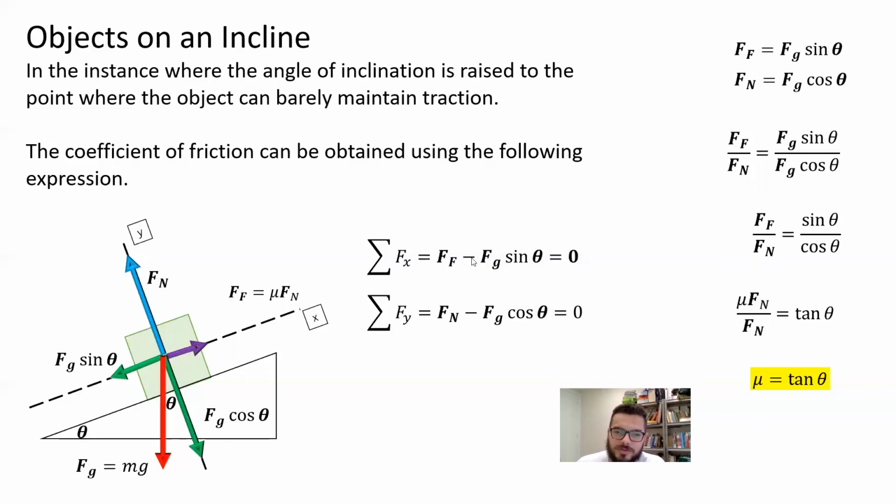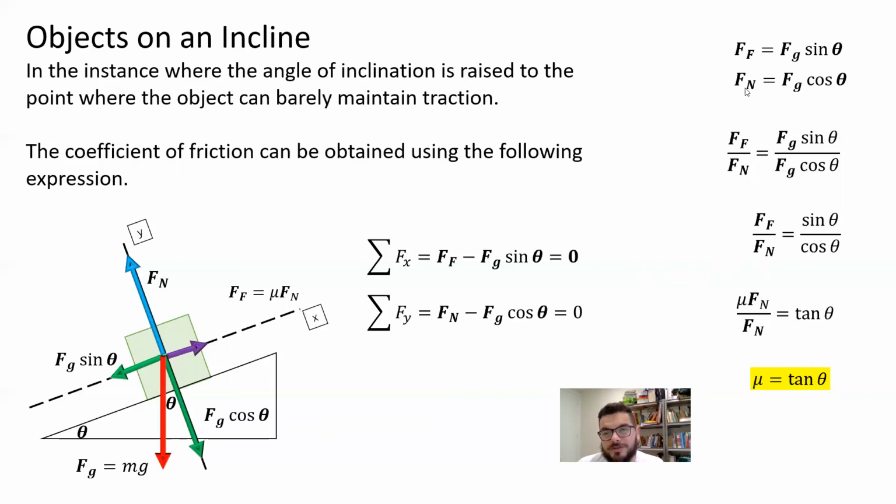Because the forces are equal, the frictional force along the x-axis has to be equal to the sine component of the weight force, and the normal force in the y-axis is equal to the cosine component of the weight force. So these equations have simplified to that.